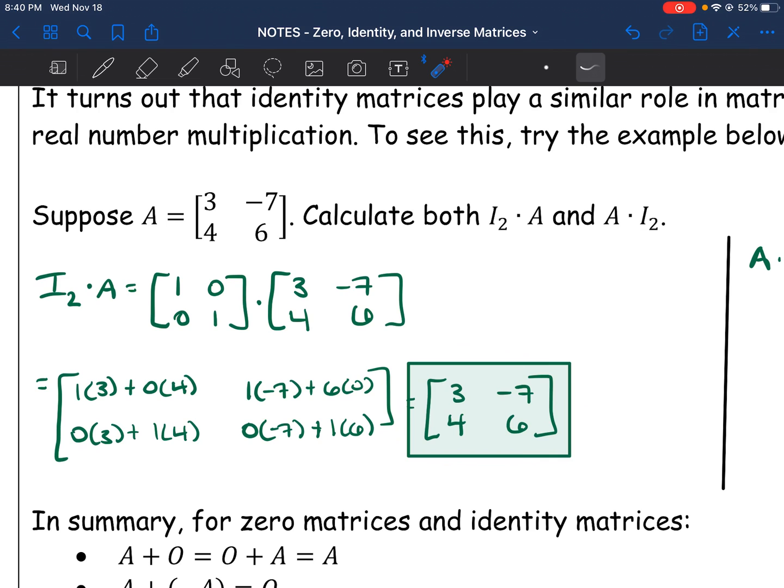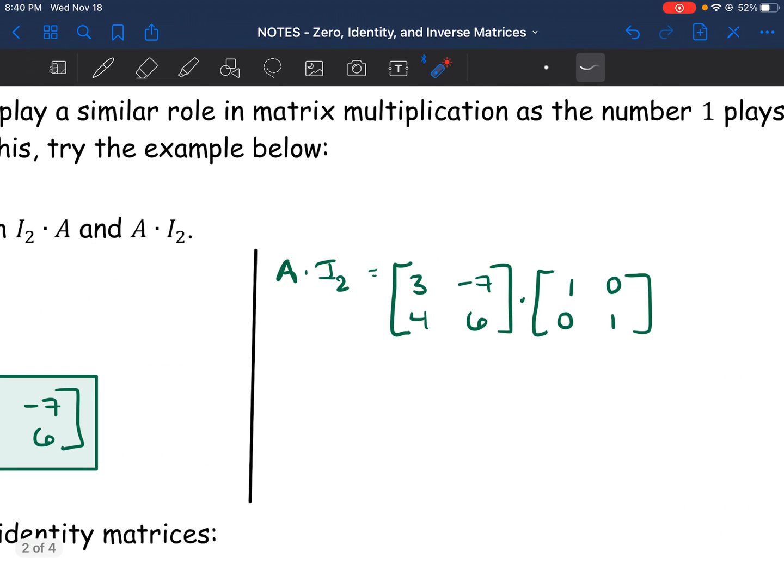And let's see if it does the same thing when we take matrix A and multiply it by the identity matrix. So we're kind of changing the order of the multiplication here. Well, let's give it a go and see what happens. We're going to do 3 times 1 plus negative 7 times 0.